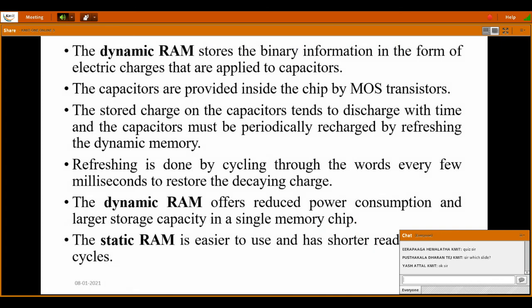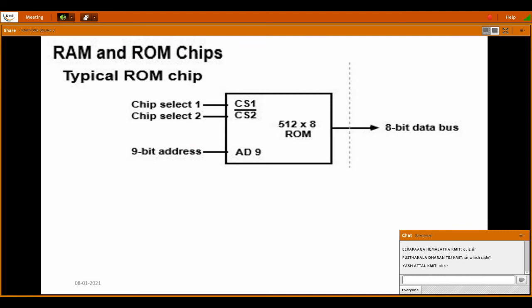There is a read only memory area, but the same portion of main memory we can also use as RAM. Here in the ROM chips we can use chip selection 1, chip selection 2, and also a 9-bit address, AD9.